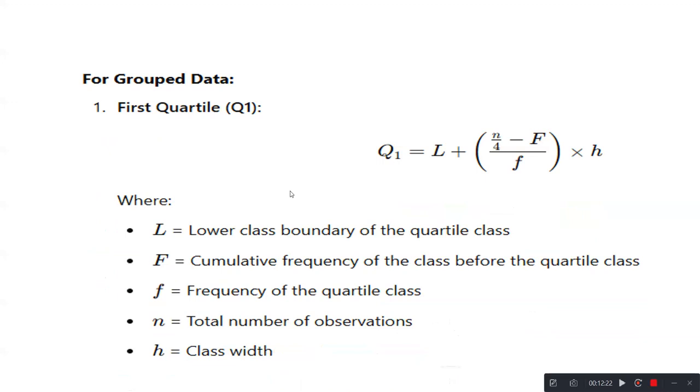For grouped data, the first quartile would be calculated by this formula. L is the lower class boundary of the quartile class. How do we get the quartile class? We always get a quarter of the nth value. That value we will go to the cumulative frequency table, and locate a value which is close to n out of 4.